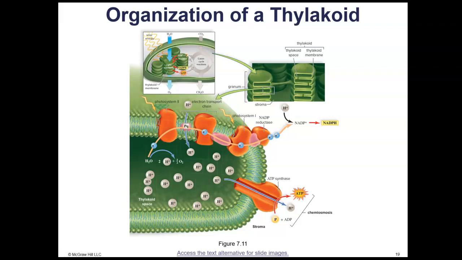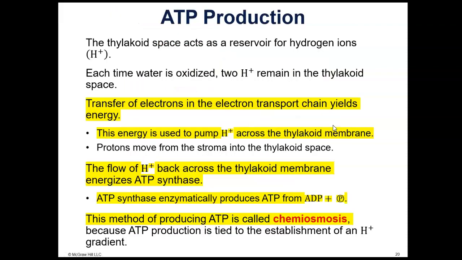The electron transport chain works the same way, whether it's a part of photosynthesis or cellular respiration. But anyway, we can see here's our two photosystems, photosystem 2, photosystem 1. We can see our important molecules that are produced are ATP and NADPH. And so now we're going to talk about ATP production in the notes, highlighted in yellow.